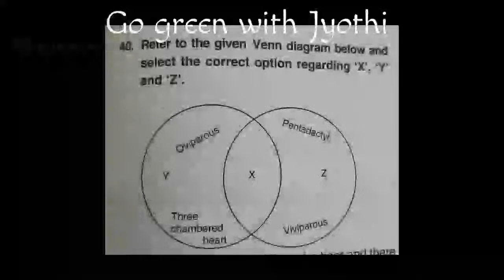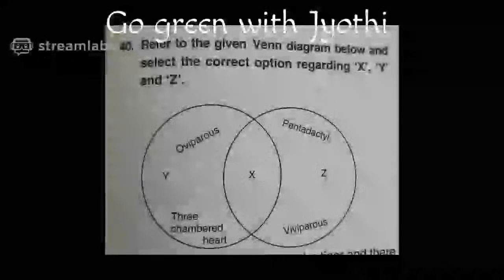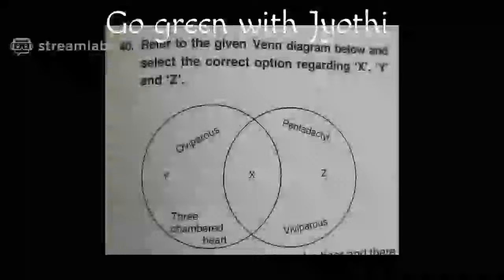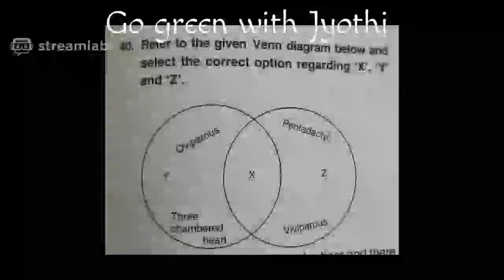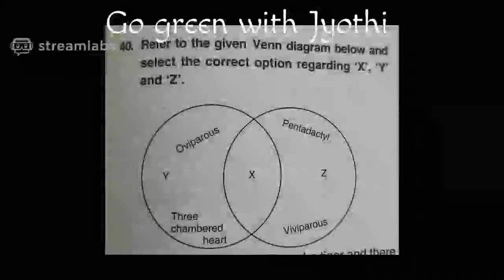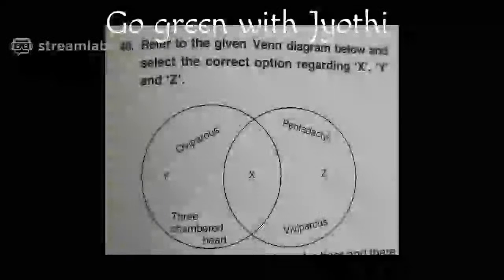And Z is pentadactyl, the animal with fingers, and it is viviparous, which gives birth to young ones. Which is the animal with a three-chambered heart which lays eggs?